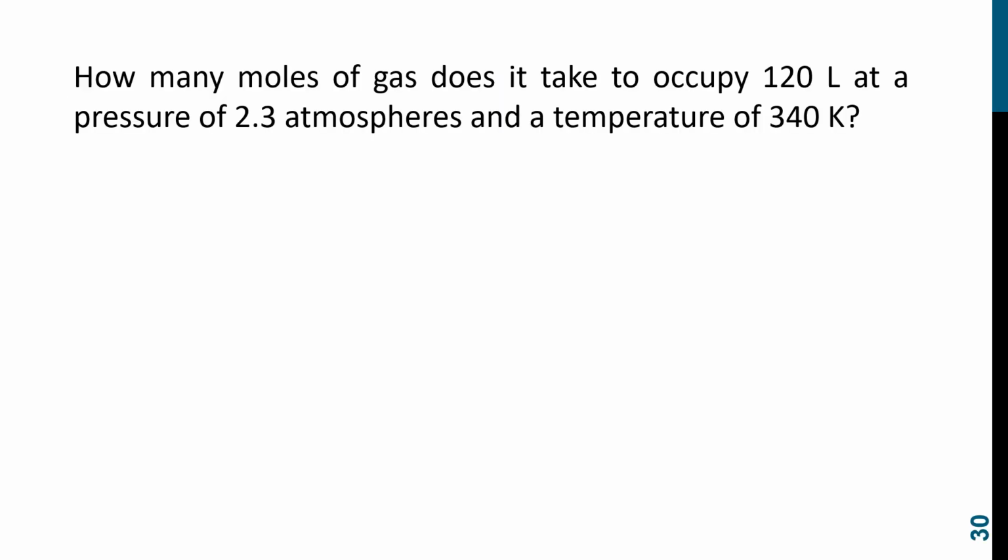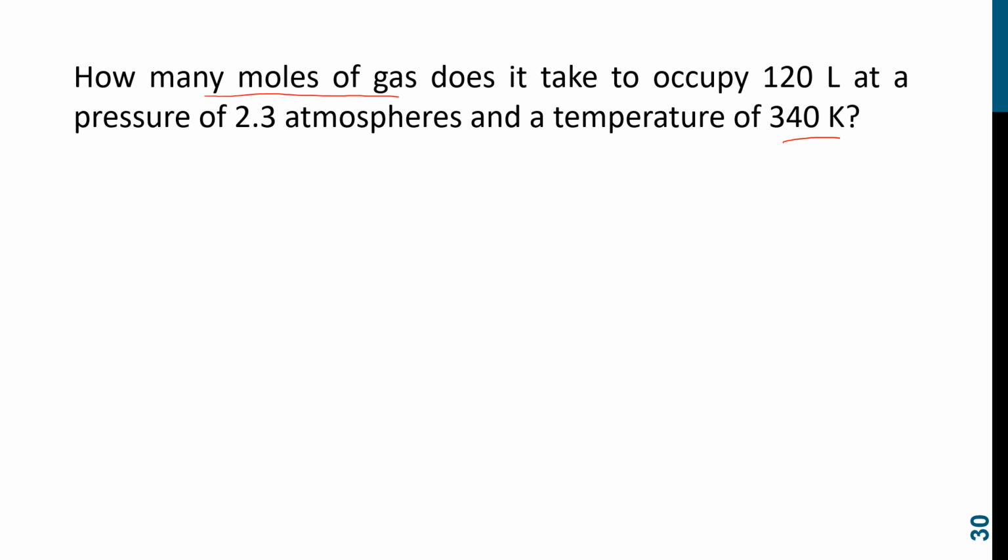Look at the example. How many moles of gas does it take to occupy 120 liters at a pressure of 2.3 atmosphere and a temperature of 340 Kelvin? So you have to find the number of moles of gas based on the information given.